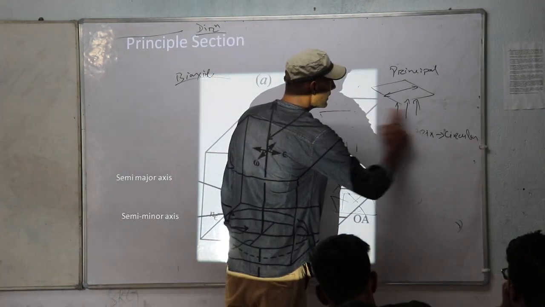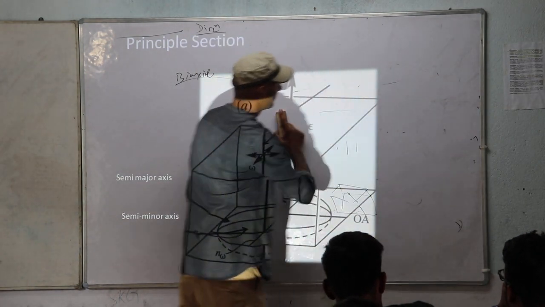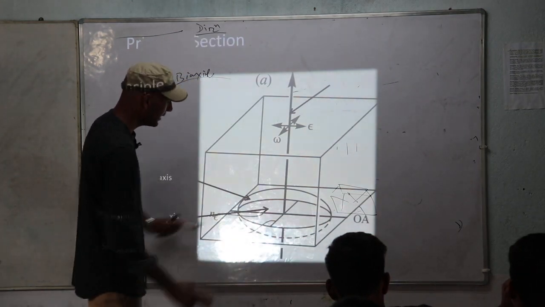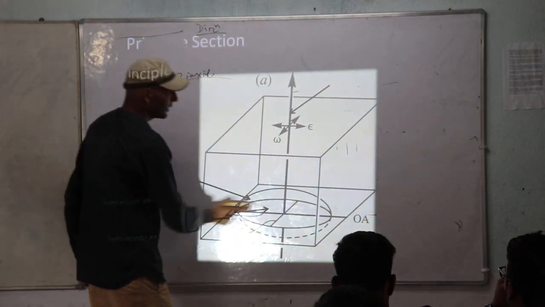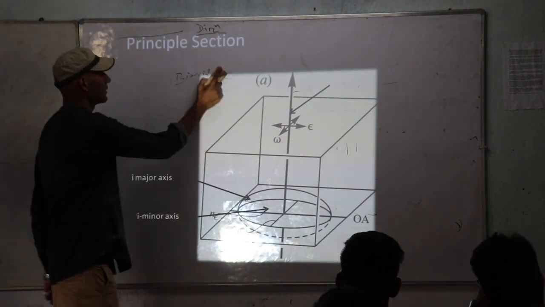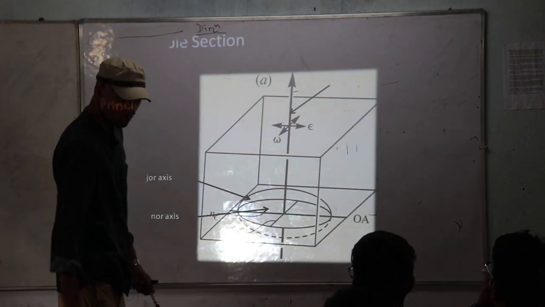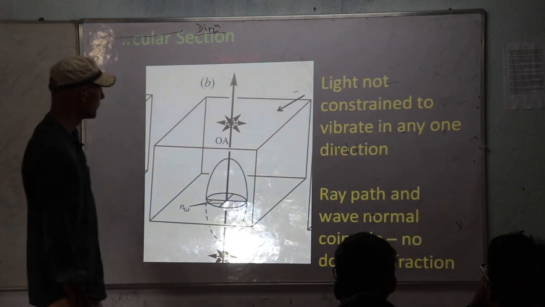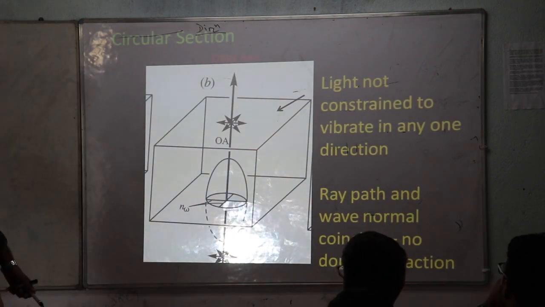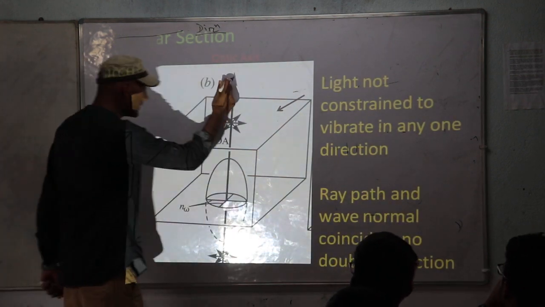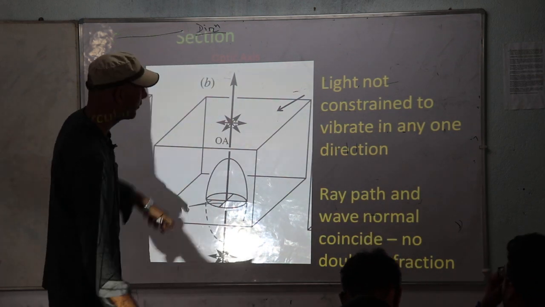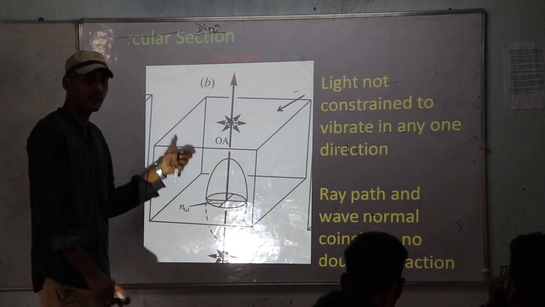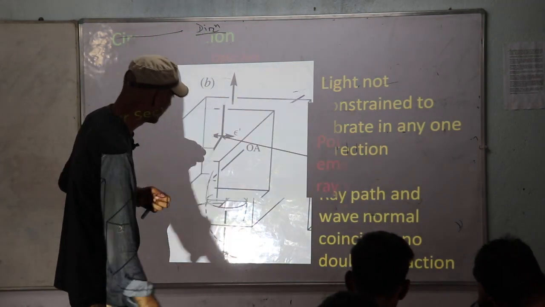You can see the optic axis is lying parallel to the stage. So that will be your principal section. This is circular section when the optic axis lies perpendicular to the stage. So you will get no interference color, you will get a circular indicatrix.